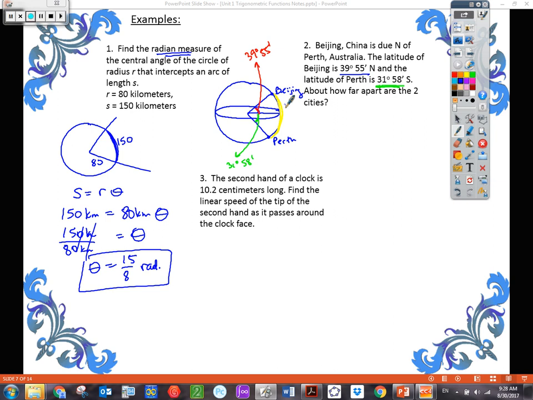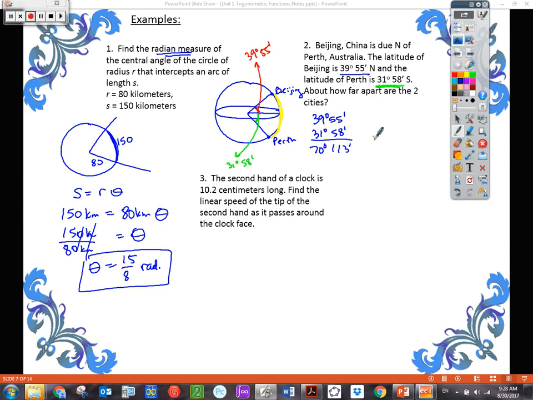I'm going to go ahead and add those angle measures together so that I just have to do one computation instead of two. So let's add those together. We have 39 degrees 55 minutes plus 31 degrees 58 minutes. We add that together and we get 70 degrees 113 minutes.